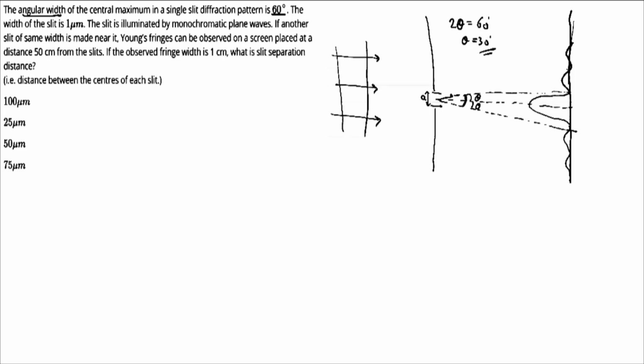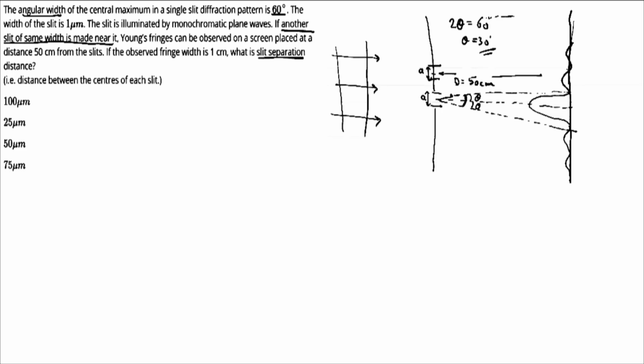Now if another slit of the same width A is made near it, then Young's fringes can be observed on the screen placed at 50 centimeters. 50 centimeters is the capital D given to us, and the fringe width is 1 centimeter, and we are asked the slit separation.